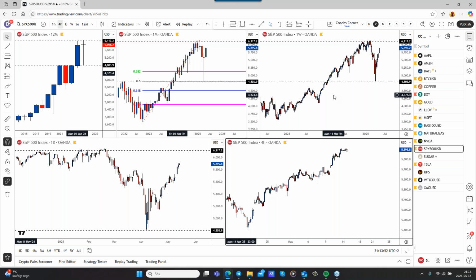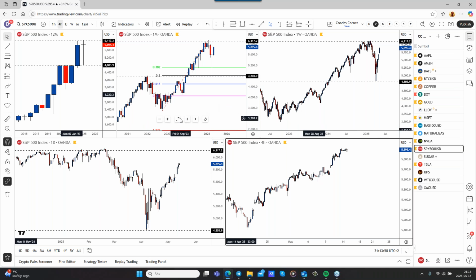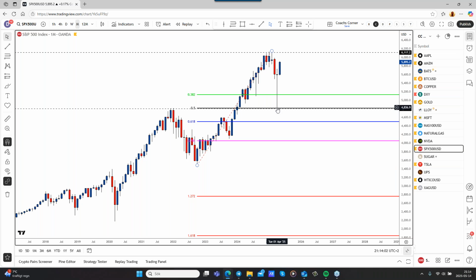Okay, and then focus on those stocks, because we all know that the S&P, if I make this bigger, and this is the fib, price went down to the 50% fib, which is usually more respected on stocks or indices than it is on forex. This level was also a great level of support. I won't be going into much detail.